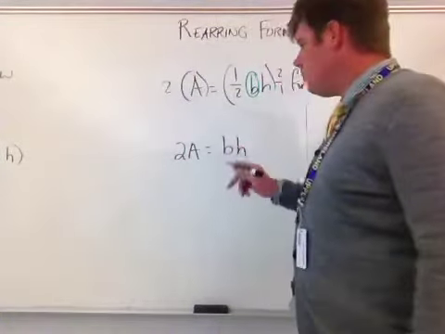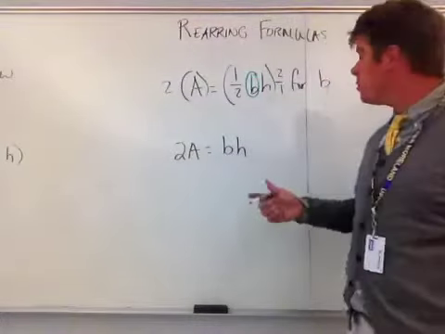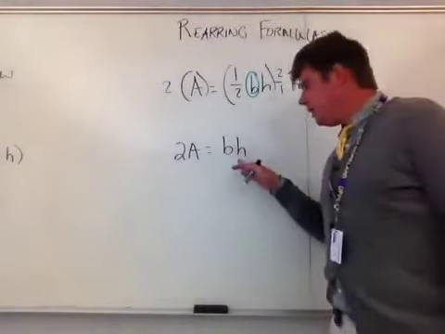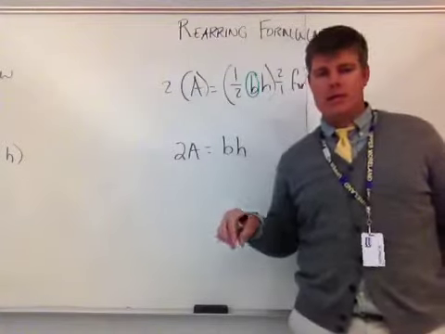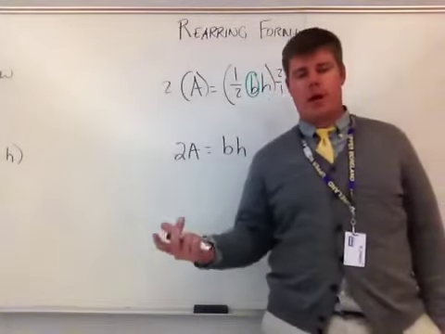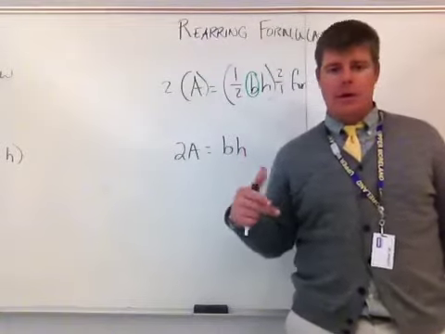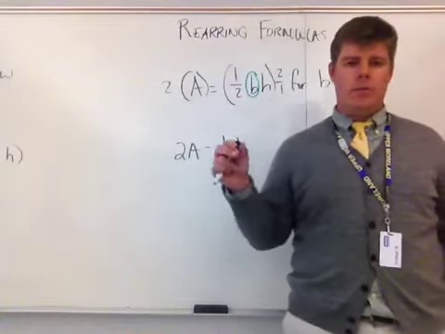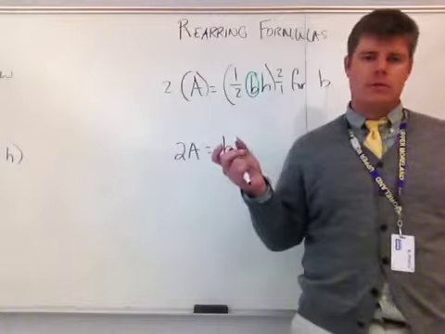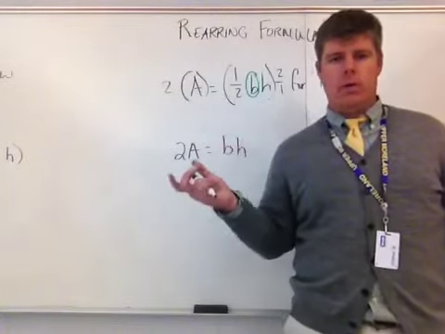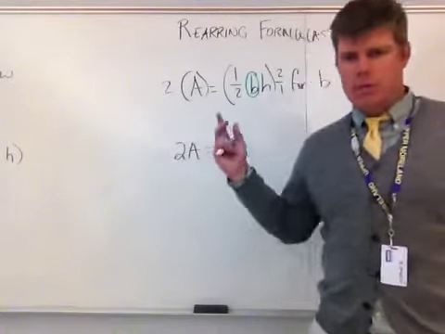And my last step for this one, if I'm solving for B: well, B and H are connected by multiplication. The thing here is you have to understand your properties. When a variable is right next to another variable, or a number is next to a variable, in algebra 1 or algebra 2, that's connected through multiplication.